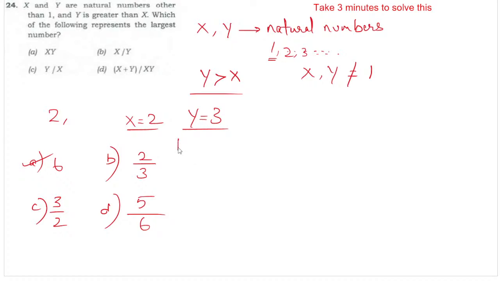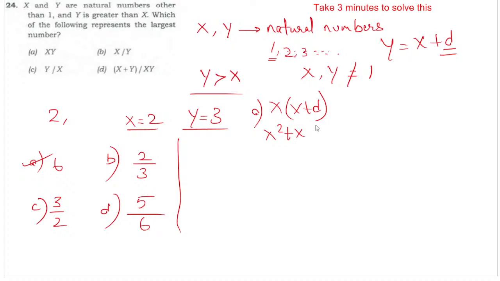There is one more way in which you can do it, but it's a long process. They have said that y is greater than x. So let y be x plus d, where d is the difference between y and x. In the first option, x into x plus d gives x square plus xd.